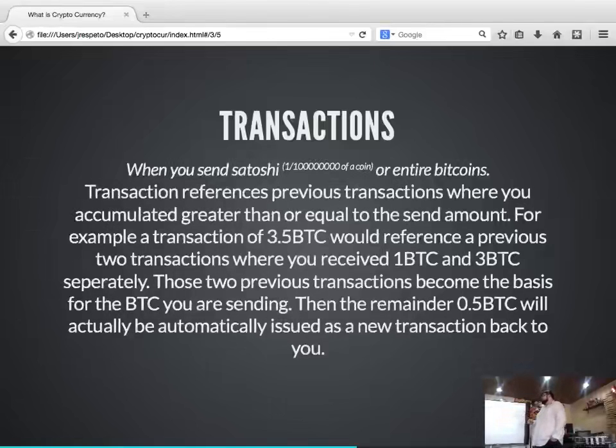For example, a transaction of 3.5 BTC would reference 2 previous transactions where you received 1 BTC and 3 BTC separately. Those 2 previous transactions become the basis input for the BTC you are sending. Then the remainder, 0.5 BTC, will automatically be issued back to you in a new transaction.